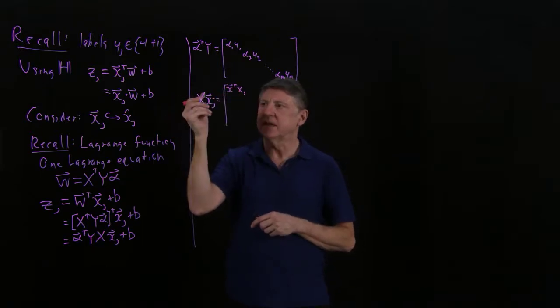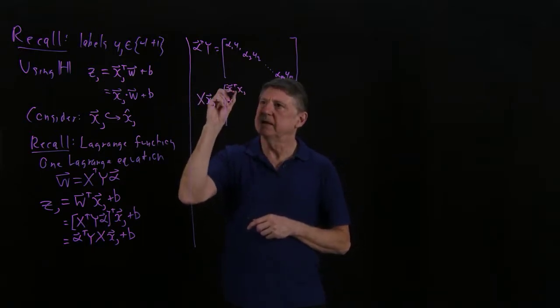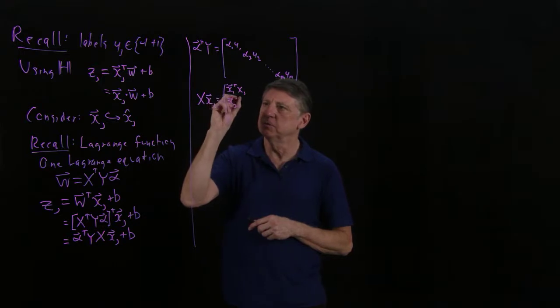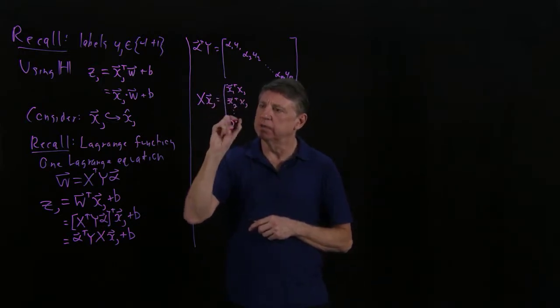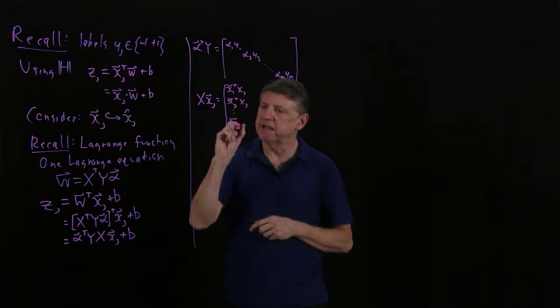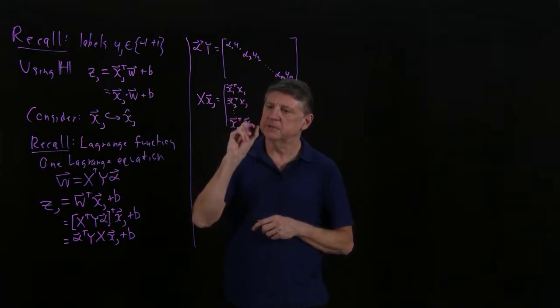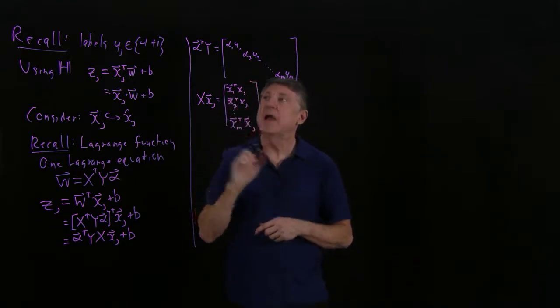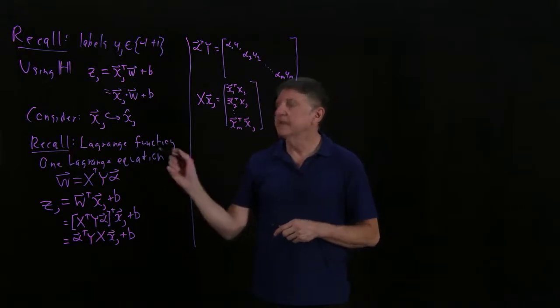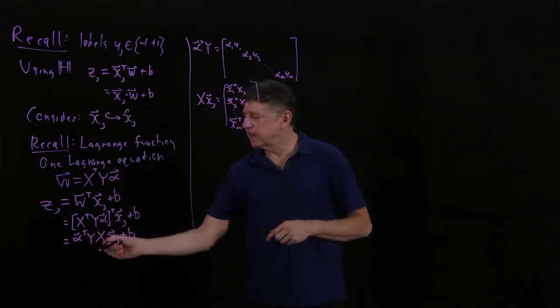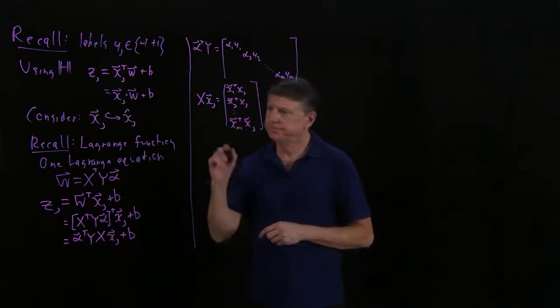The second entry will be x2 transpose xj, and so on until we get to xm transpose xj. And we can combine this, and represent this entire product as a sum.